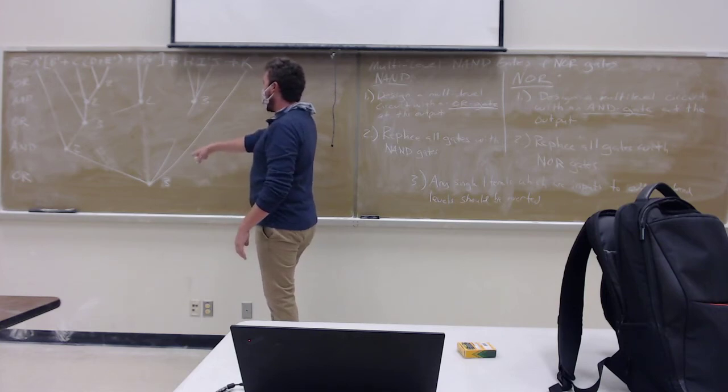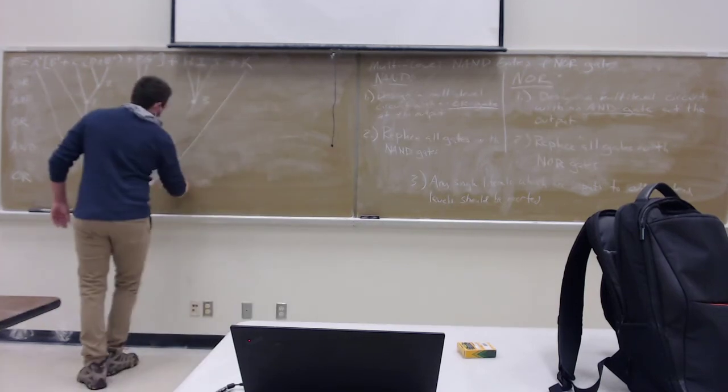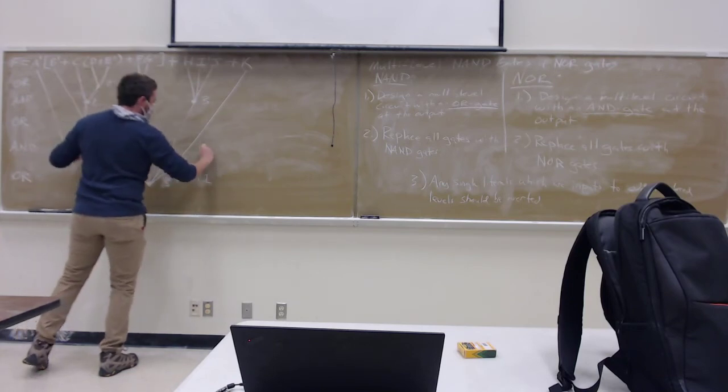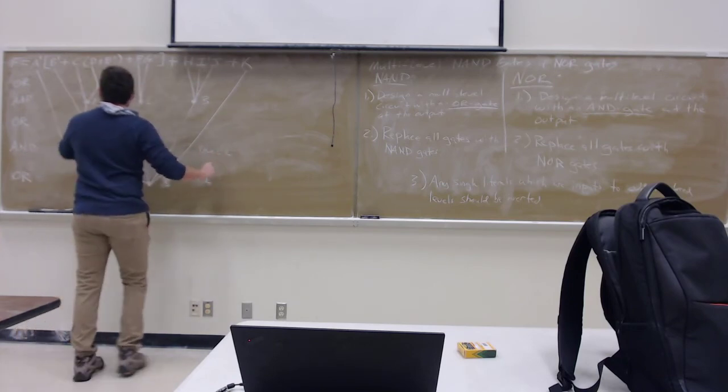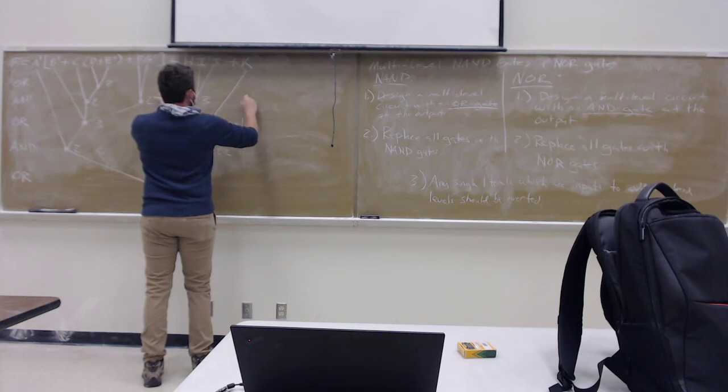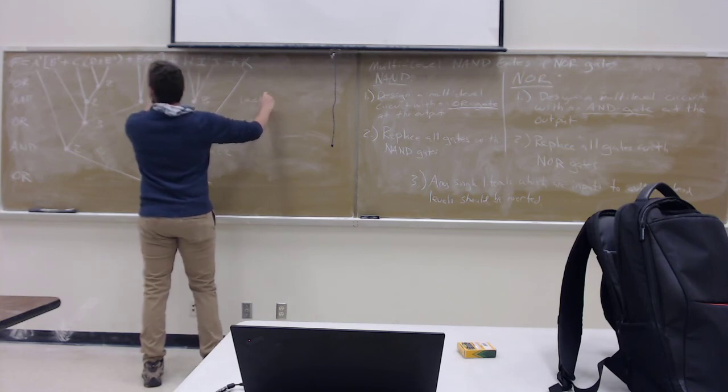So let's see. How many levels do we have? We have level 1, and then level 2, then level 3, level 4, level 5.